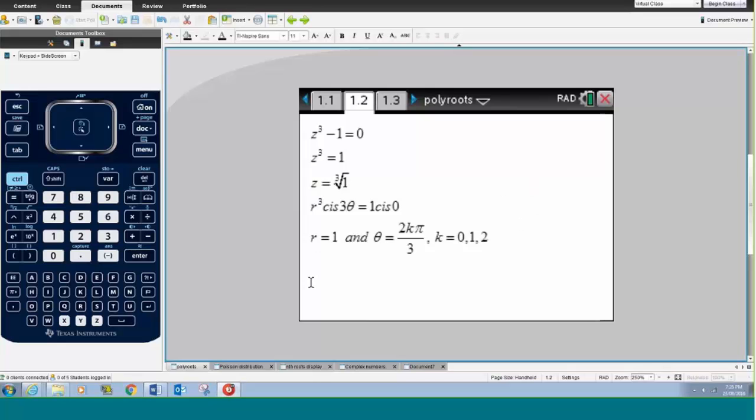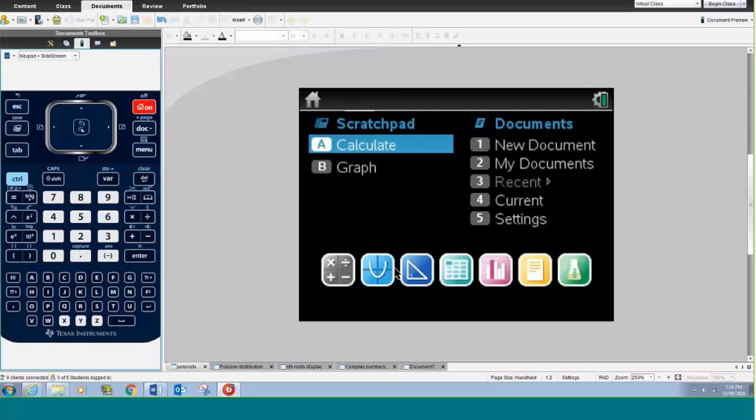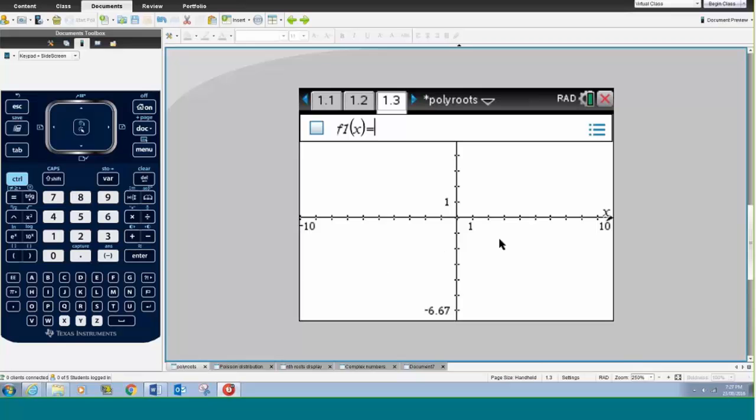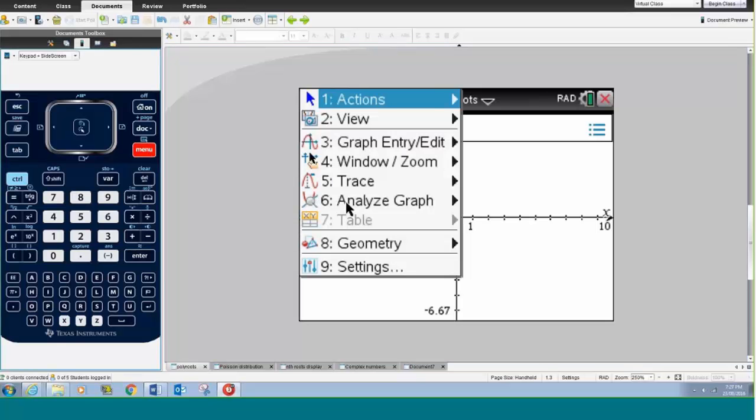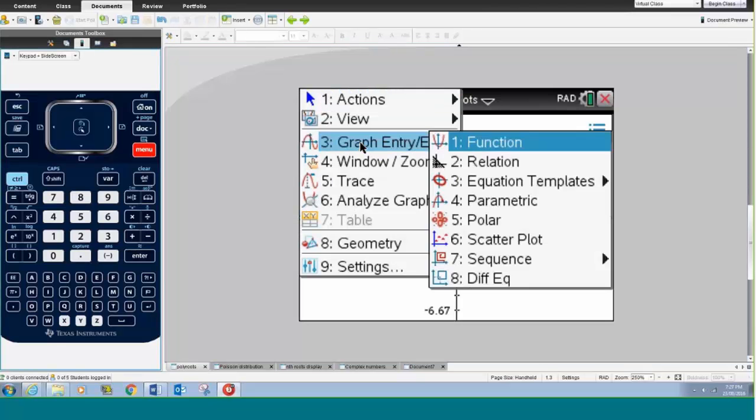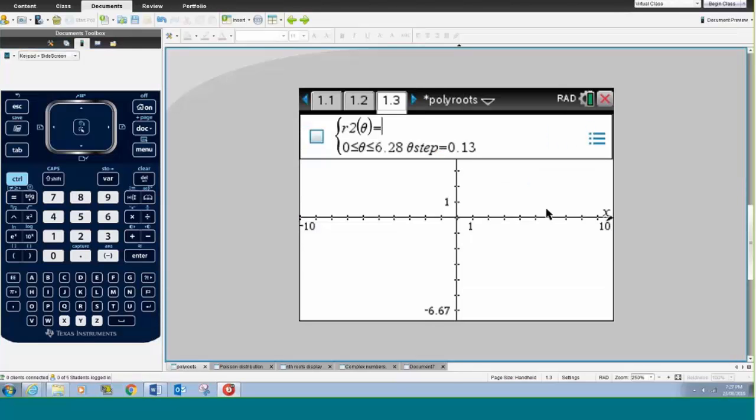If I want to display those roots, I'll show how that can be done. We need to go to the calculator screen and change graph entry to polar. For our cube roots, we have r equals 1. We start with the initial value 0.